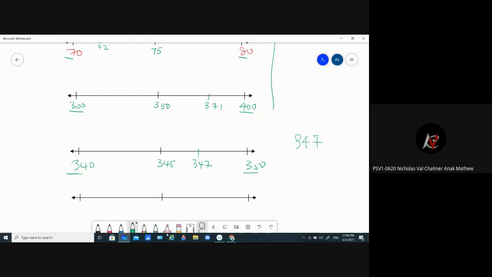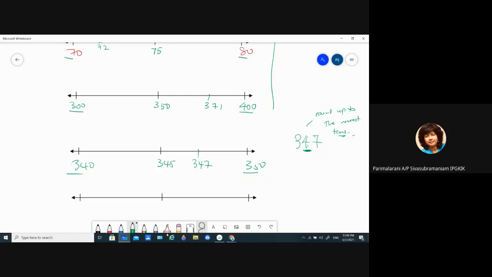Why did you choose 340? Because I told you just now that we want to round to the nearest tens. So we have to start here from 340, not 300.